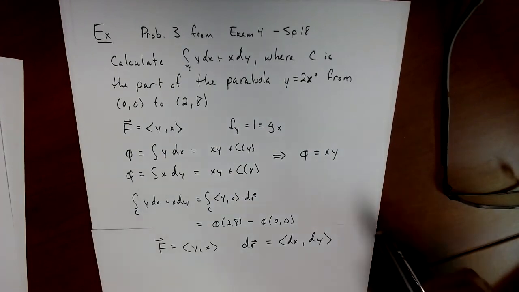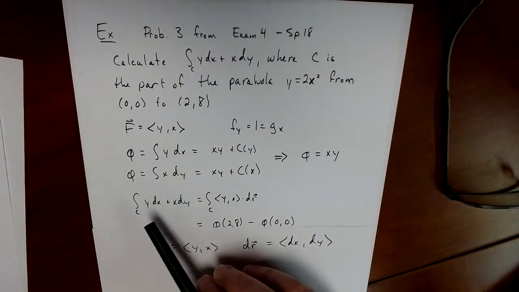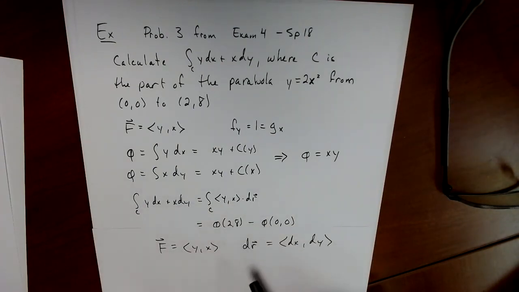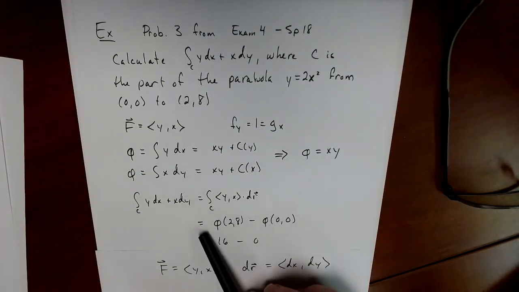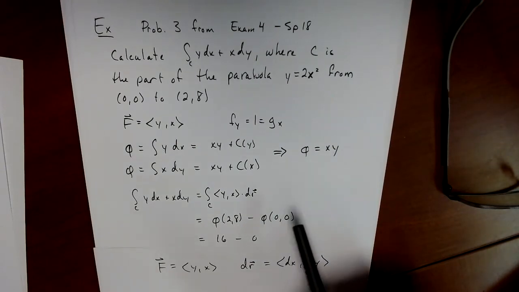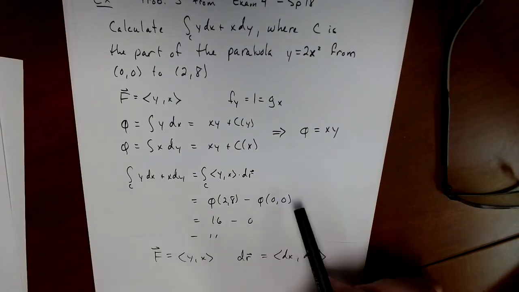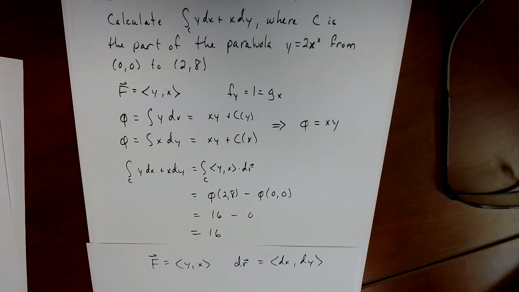And so then the line integral over C of y dx plus x dy, I just wrote it out in F dot dr form here, (y, x) dotted with dr, is equal to phi at (2, 8) minus phi at (0, 0). Remember, phi is just xy, so phi at (2, 8) is 16, and phi at (0, 0) is 0, and so this is 16.